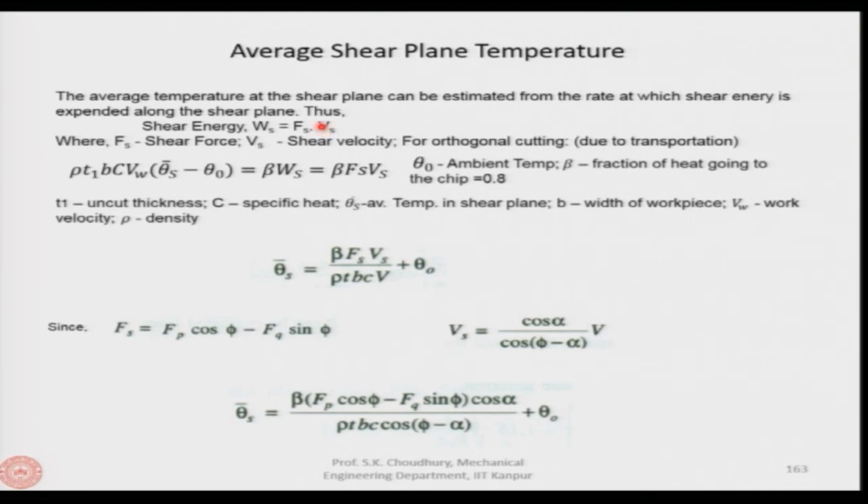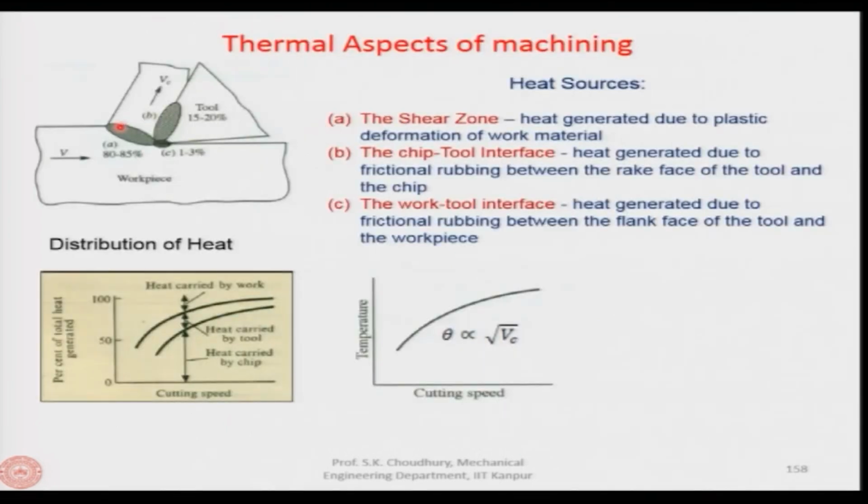Keep in mind that the shear force acts along the shear plane of the machining. If we remember, in the Merchant circle diagram, Fs is parallel to the shear plane and acts along the shear plane.